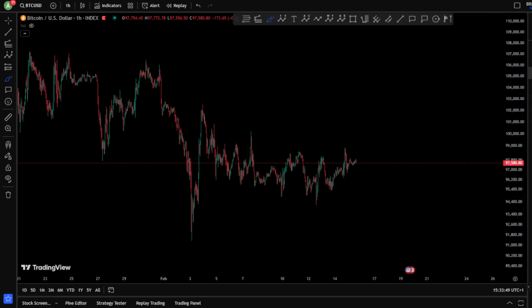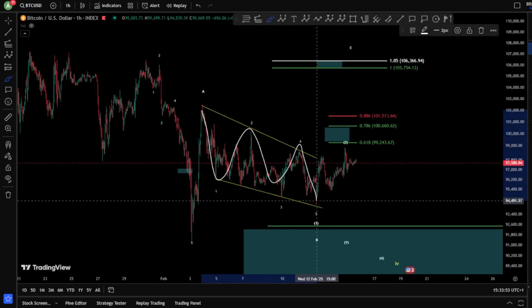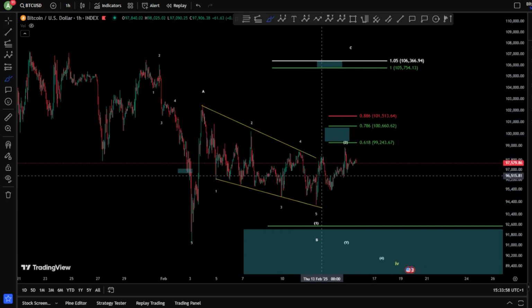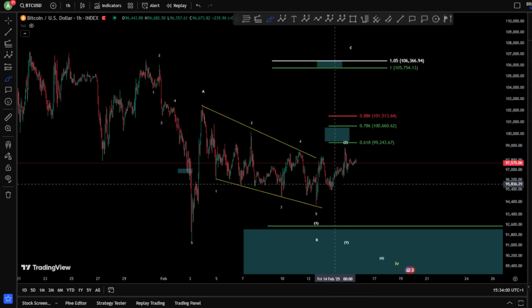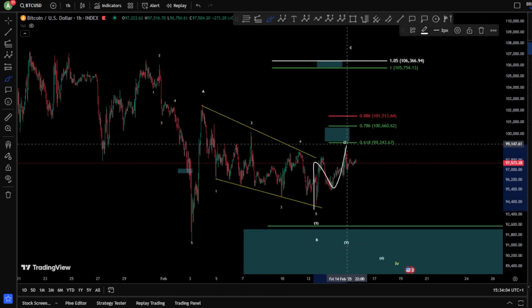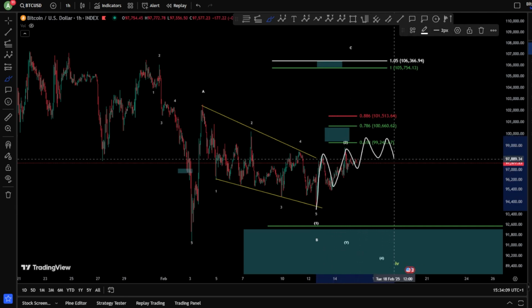Now, on the 1 hour chart, what can happen, as you might know, yesterday we finished a bearish pattern, confirmed, A, B, and a C for wave 2 or WXY. But don't forget that this is a W, X, and a Y, meaning your wave Y can still be anything.